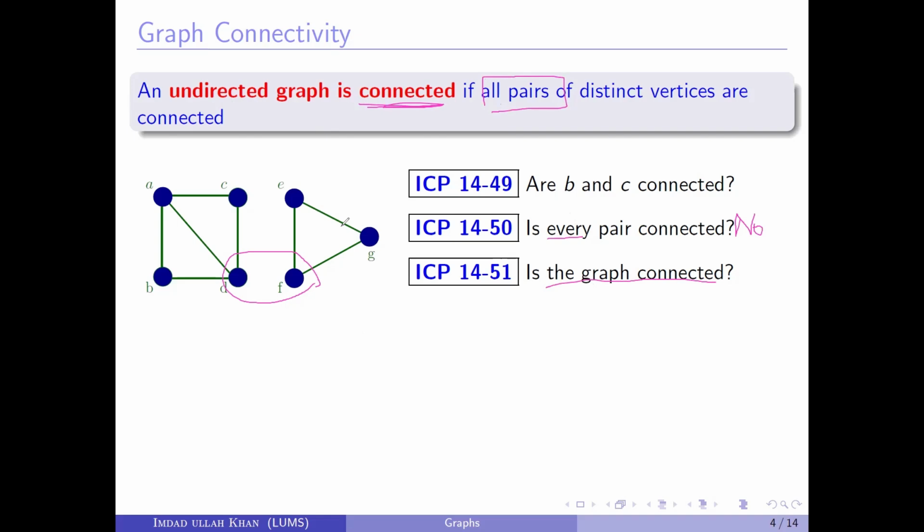If there's a path from every vertex to every other vertex, that means the underlying undirected graph is connected. In this case, we have just demonstrated the presence of a pair where there's no path. So it's not true for all pairs because we were able to demonstrate a pair which falsifies this claim. So the answer is no, the graph is not connected.